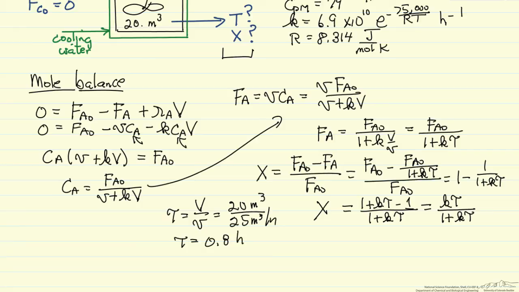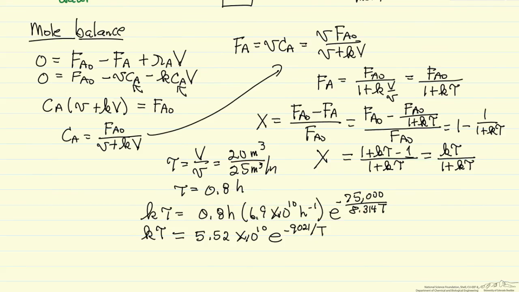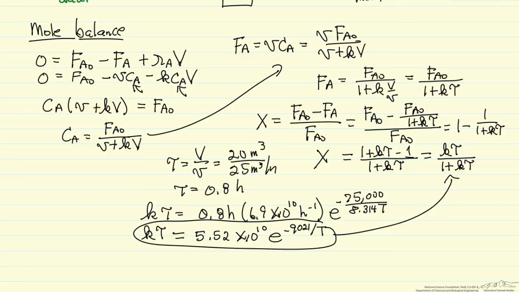And the rate constant times tau, I'll calculate that, so I have a value of K times tau, which is dimensionless. We're going to substitute this into this expression. I can make a plot of the conversion versus temperature, because temperature is the only variable now in K times tau, and I can plot that as one half of the plots that I need to determine the solution.